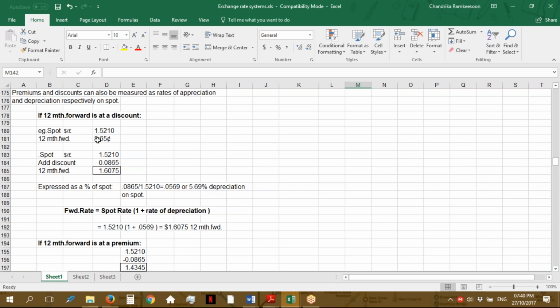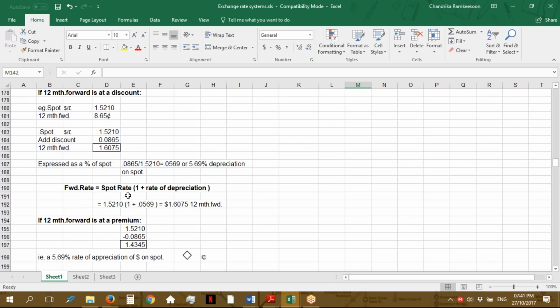So it can be done, as I said just now. But of course, in the exam, you will either have to work with rates of appreciation and depreciation, or premiums and discounts. But just to show you, when you look at this, you realize that you can actually move from one to the other.